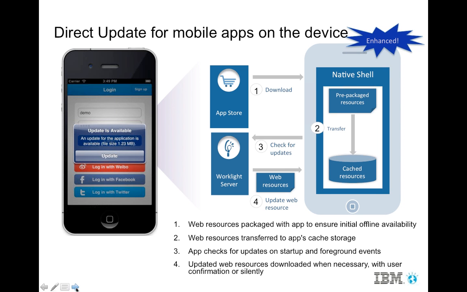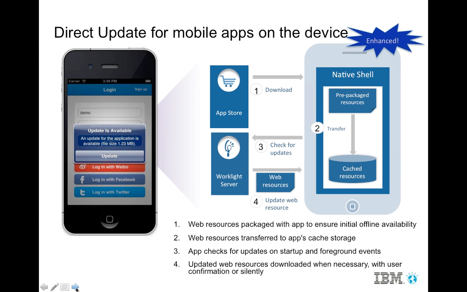Once they've got it on their device, you'll see a native shell and the hybrid resources, HTML5, JavaScript, and all those kind of things, they are all held locally on the application. So the HTML5 provides your application functionality. What we're doing when we fire up the application for the first time or subsequent times, it will actually go and check with the Worklight server to see if it is up to date.